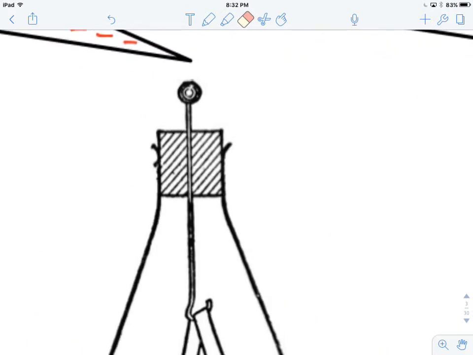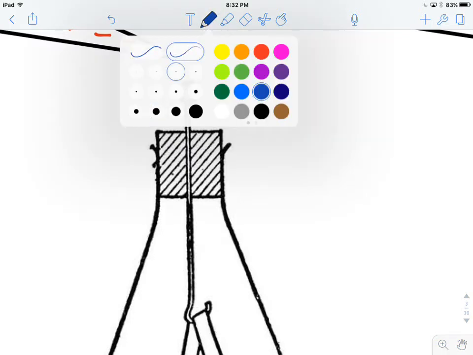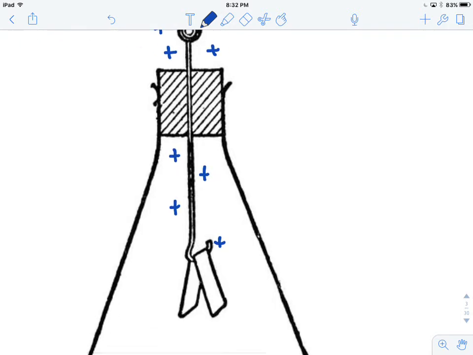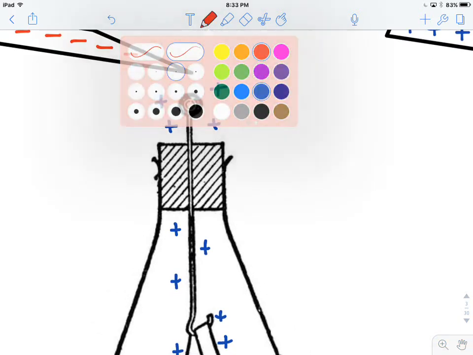Of course, all throughout this electroscope, there are positive charges and there are negative charges.